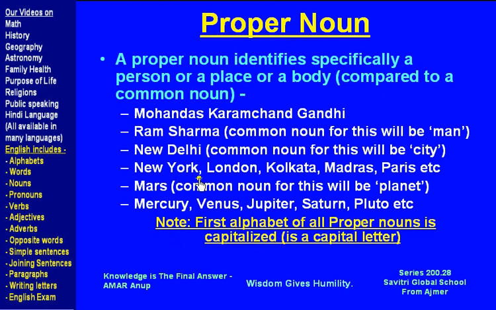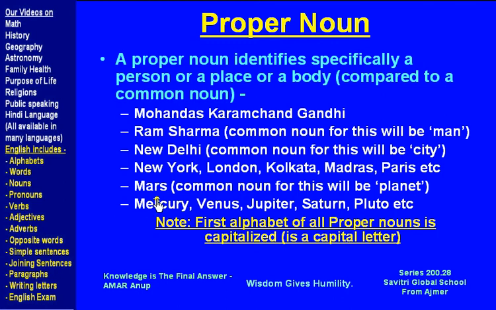More examples of names of cities as proper noun are New York, London, Kolkata, Madras, Paris, etc. So you can see they all identify a particular city. Now let's look at proper nouns as examples. Mars.